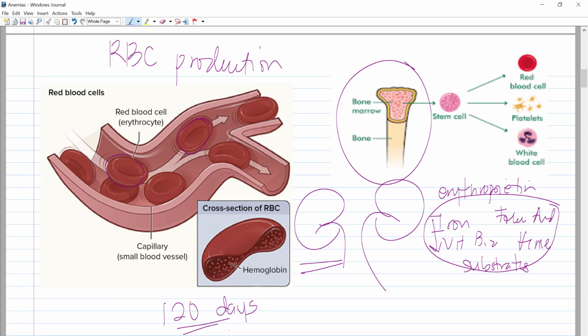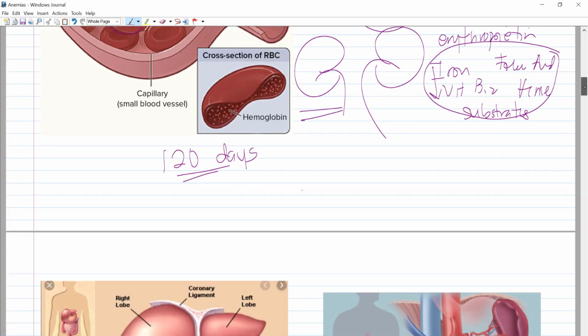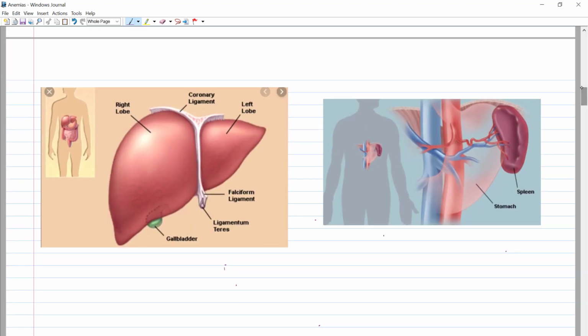120 days. And after 120 days, the old RBCs will be removed by the phagocytic cells from the spleen and the liver. Okay? So what does it tell you?